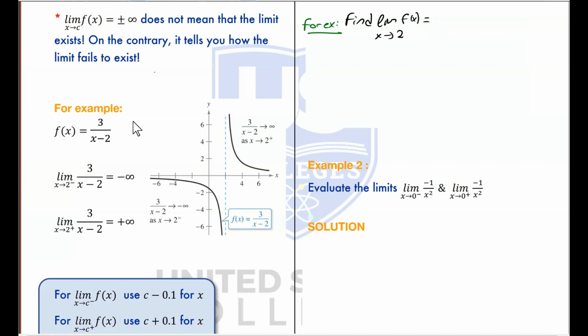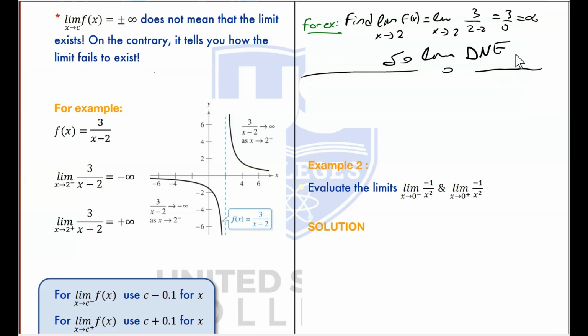In this case, we will substitute 2 for x. Limit as x approaches 2 of 3 over 2 minus 2, which is 3 over 0. So we will say there is infinity, so the limit does not exist. In the options, three options will have numbers and one option will have does not exist. So this is the answer to your question.